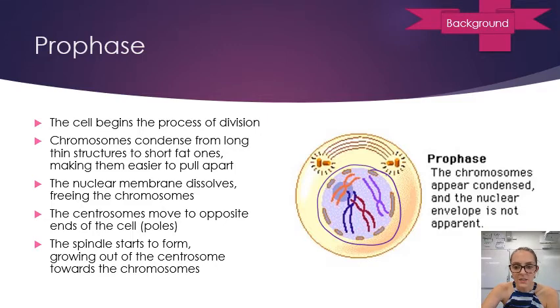We start to see our centrioles, which form our centrosomes, starting to move to opposite ends of the cell. So they would have been chilling up here before, and they've started to move to the opposite sides to prepare for mitosis. We start to see the spindle forming. So you can see microtubules starting to assemble and project out from the centrosomes.